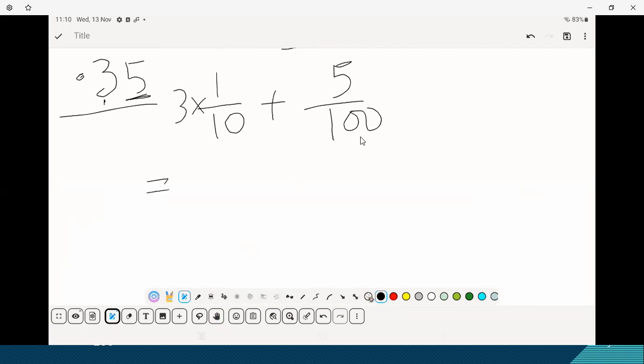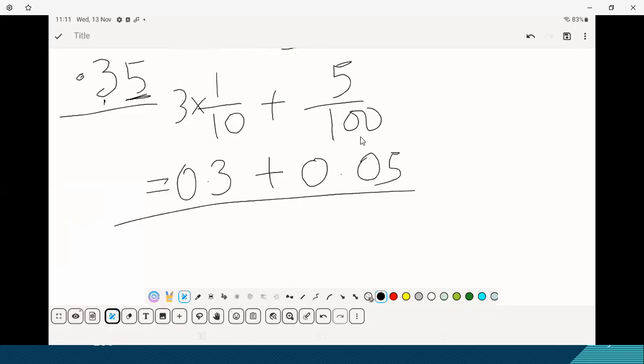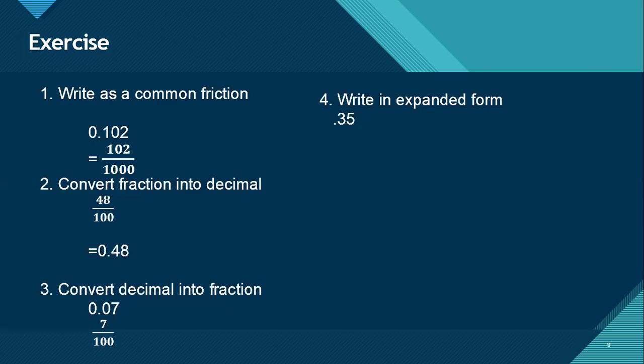That will be 0.3 and 0.05. So that will be the expanded form. Okay, so let's move to the next example.